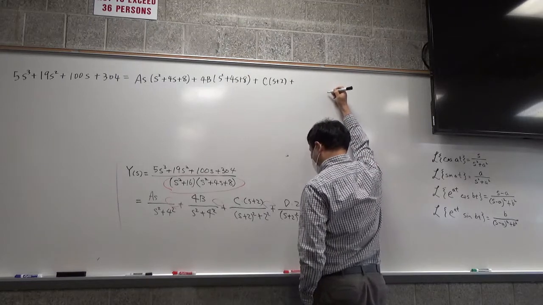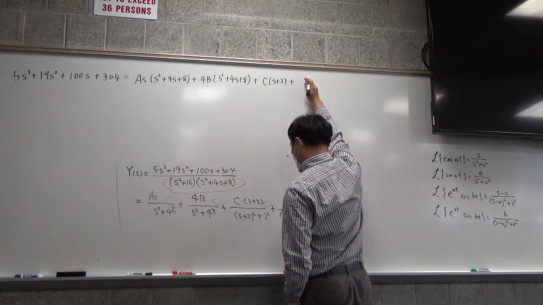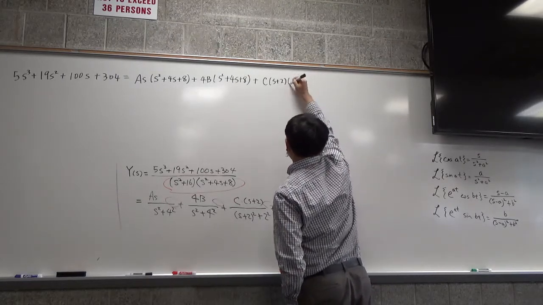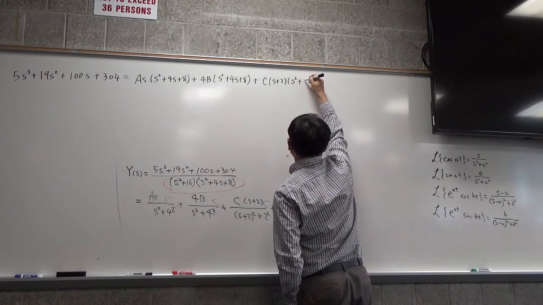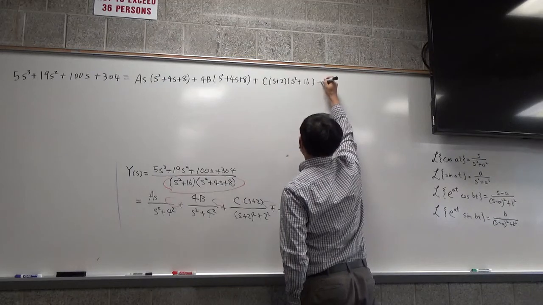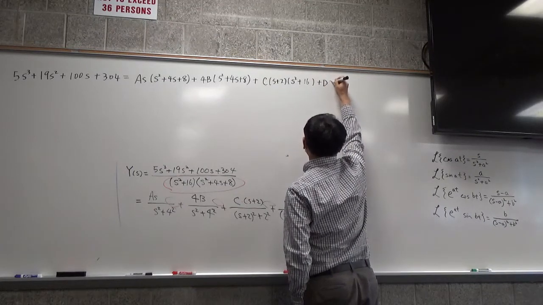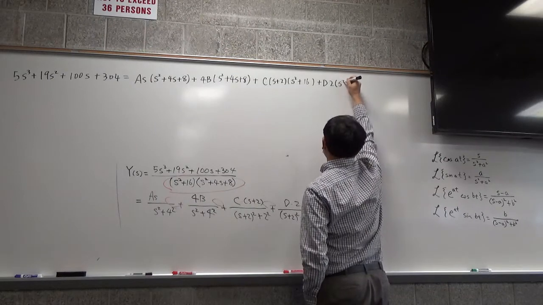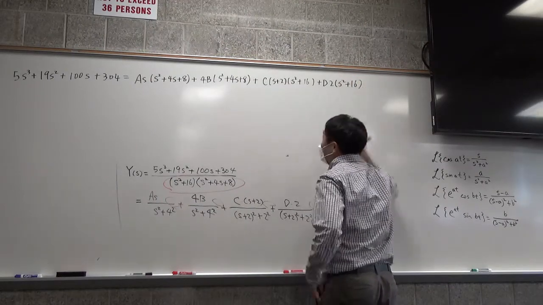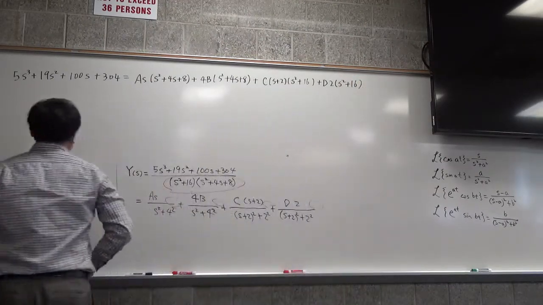And then, oh no, I forgot something, right? What should I put here? S squared plus 16 plus d times 2 times s squared plus 16. And now I have to find A, B, C, D.